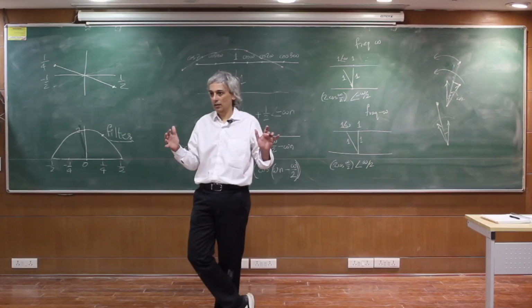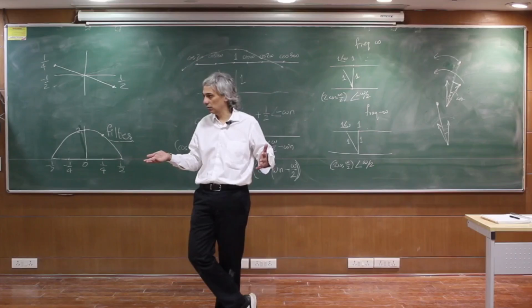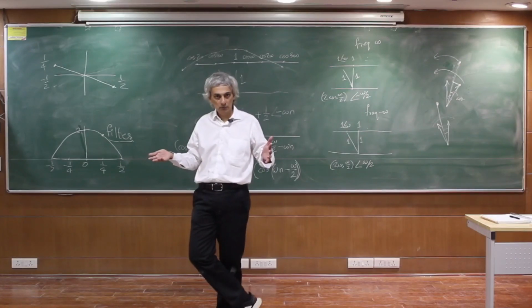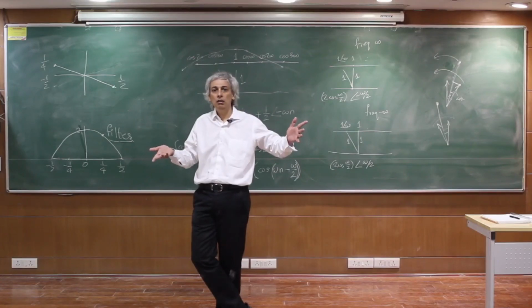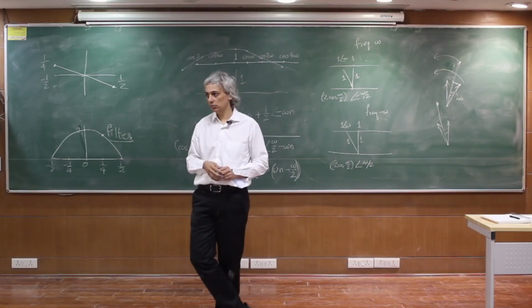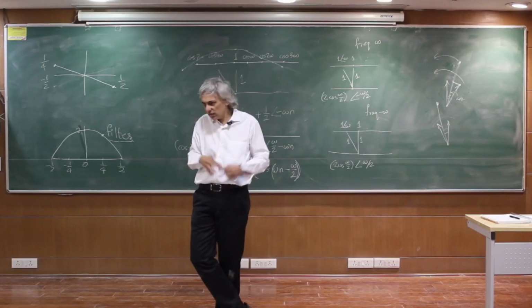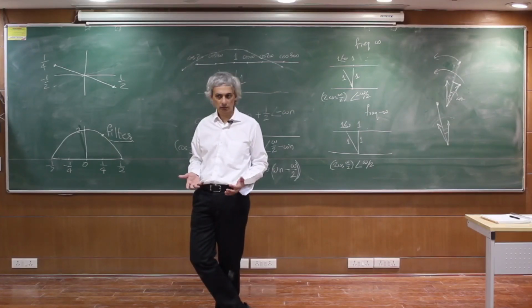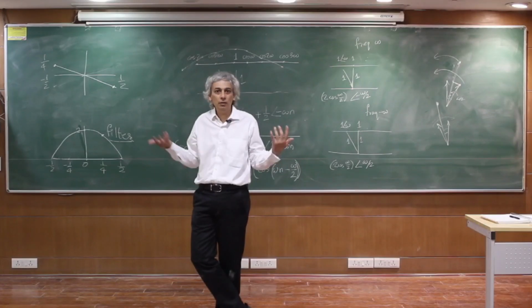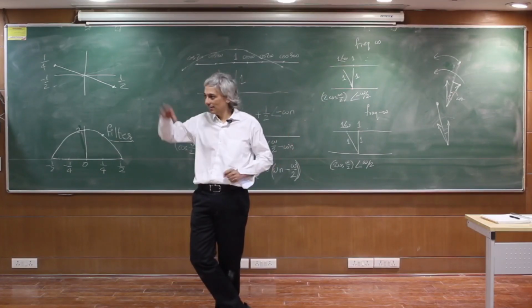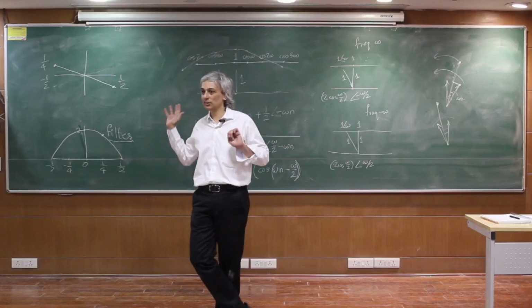But what if there are signals that are not sinusoidal? You might say signals that are not sinusoidal might be a sum of sinusoidals. But what if there are signals that are not a sum of sinusoidals? Then you will not be able to analyze that kind of a signal using this technique.